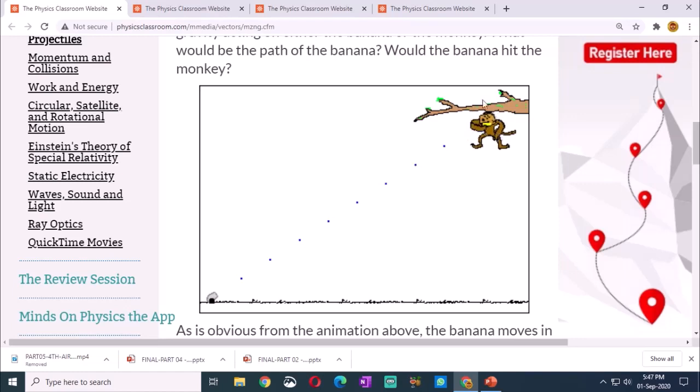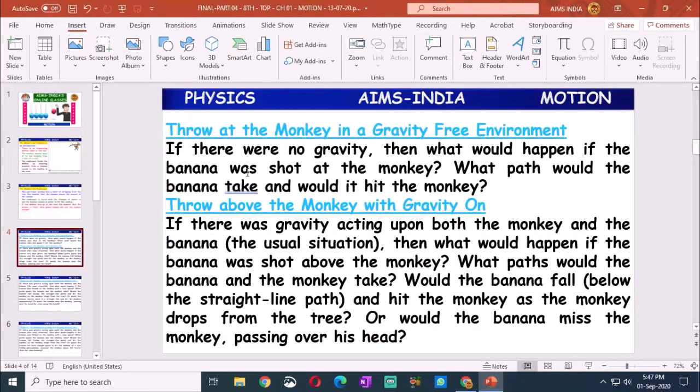That is one reason the monkey is staying there, and the banana shot by the cannon will go in a straight line. It is not attracted by the earth. It won't come down. It goes directly in a straight line and it will hit the monkey. That is the first case, children.